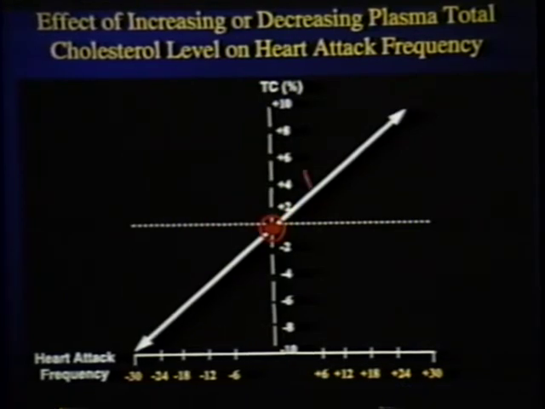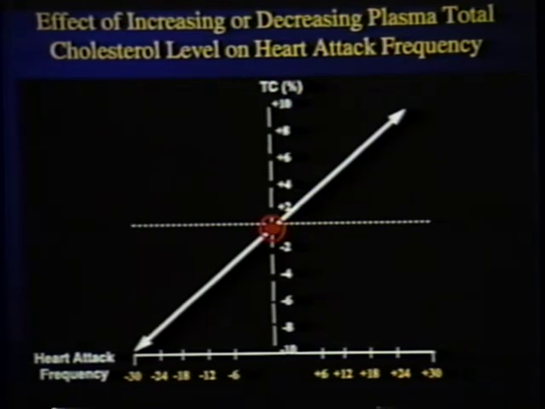But what those studies have shown is this: if you lower one's total cholesterol by 10%, let's say from 200 to 180, one decreases the chance of a heart attack by 30%. In other words, for every 1% reduction in total cholesterol, you get a 3% decreased risk of heart attack.